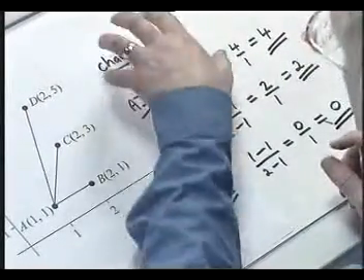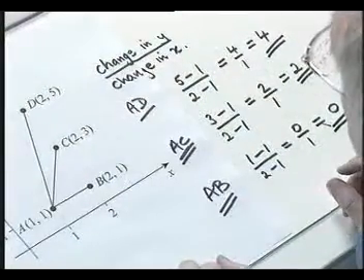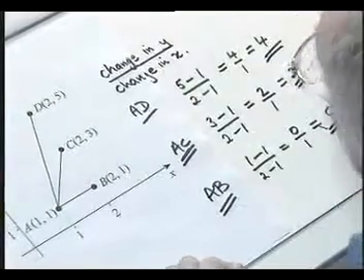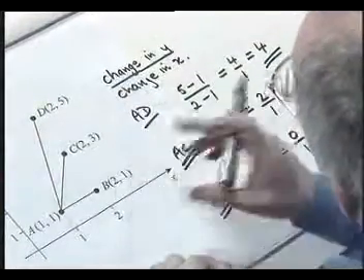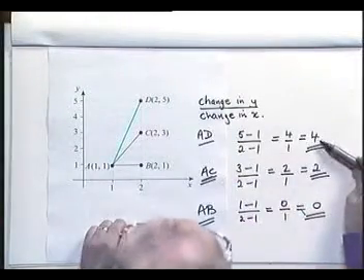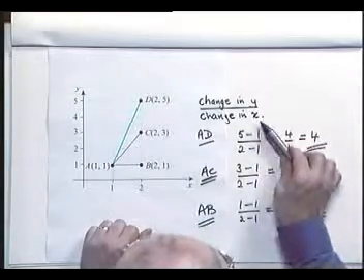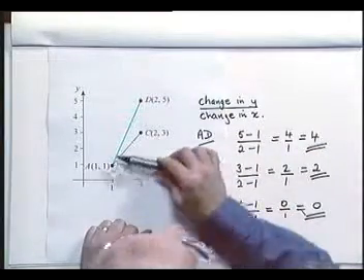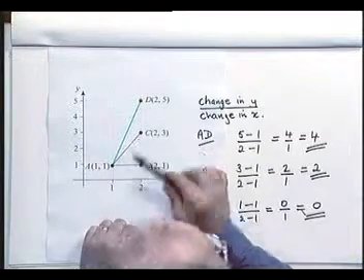So you see, this quantity, change in y divided by change in x, gives us a measure of the steepness of these lines. As we would expect, the change in y over change in x for AD, which turned out to be 4, is greater than the change in y over change in x for AC, because AD is steeper than AC.